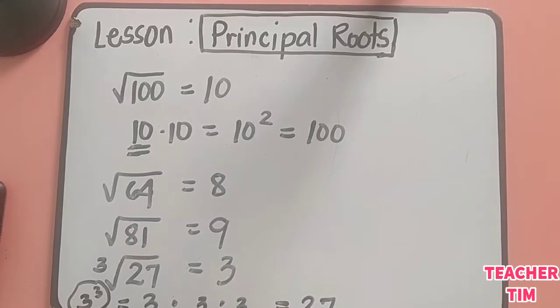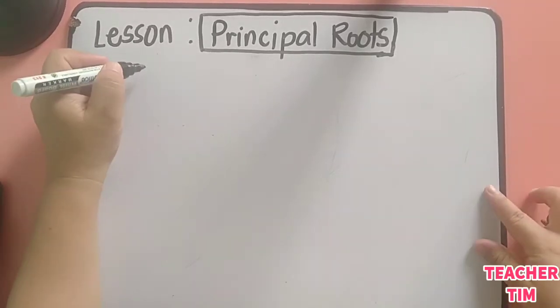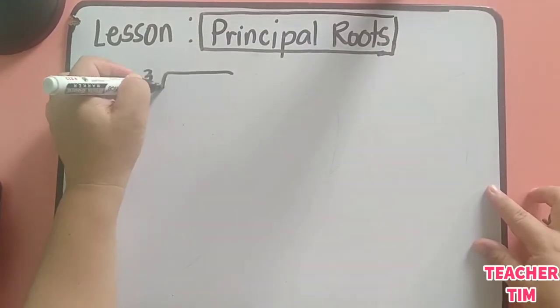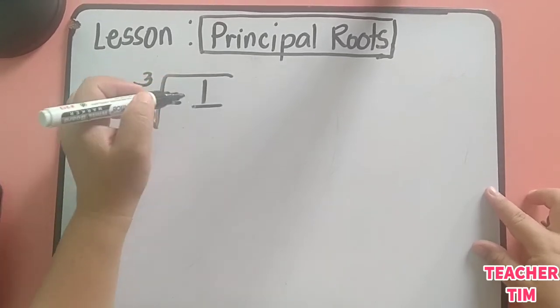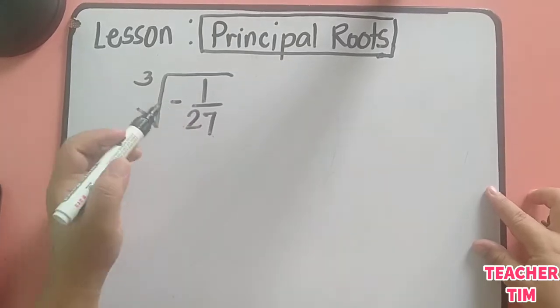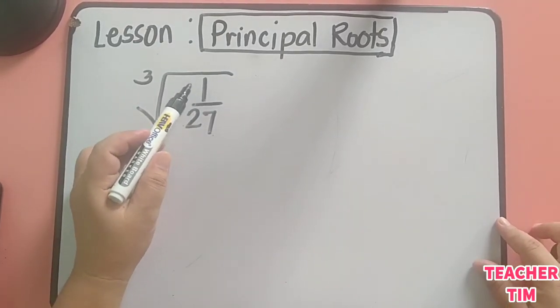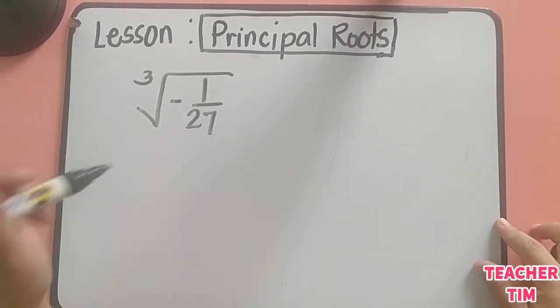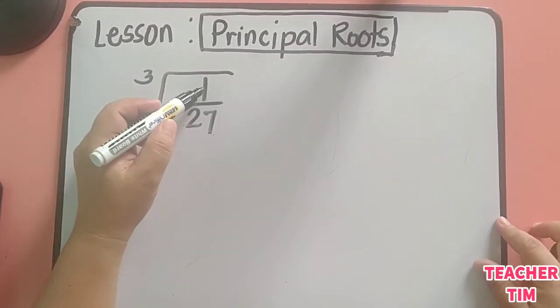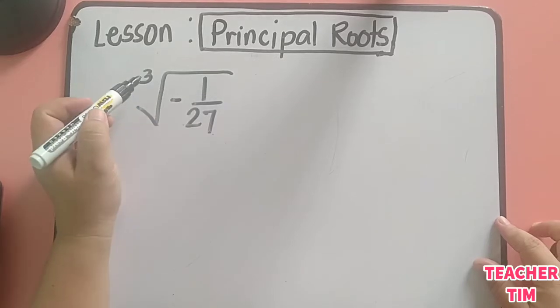Let us have another example. Let's find the cube root of negative 1 over 27. The number to be multiplied by itself to make 1 is 1.